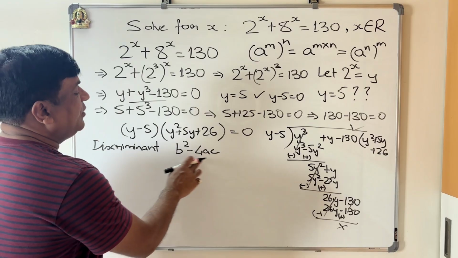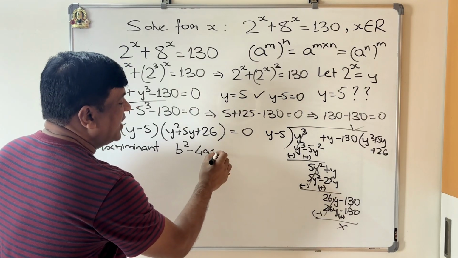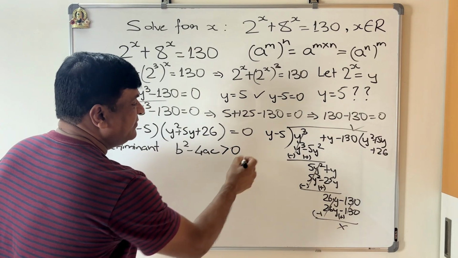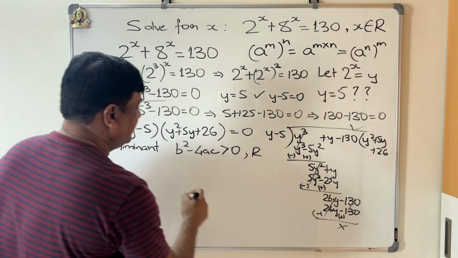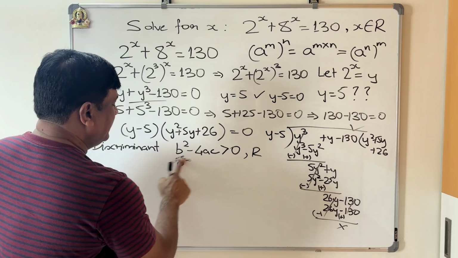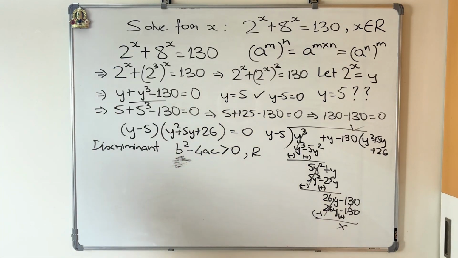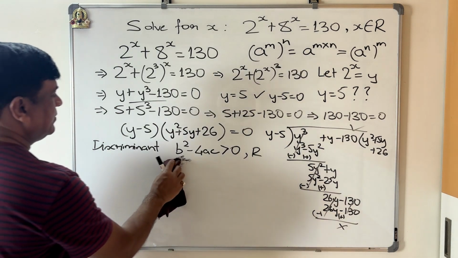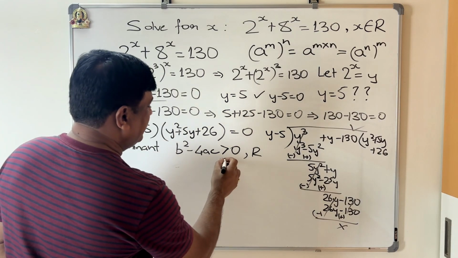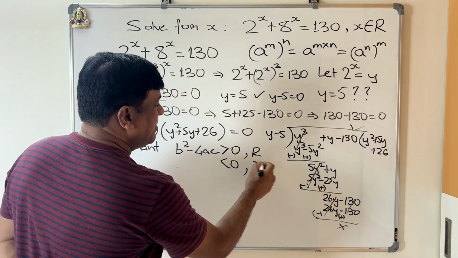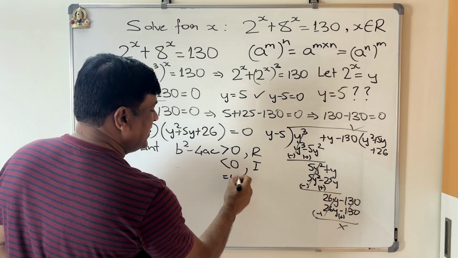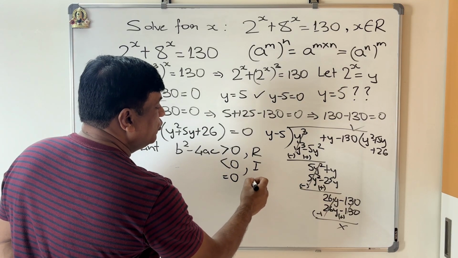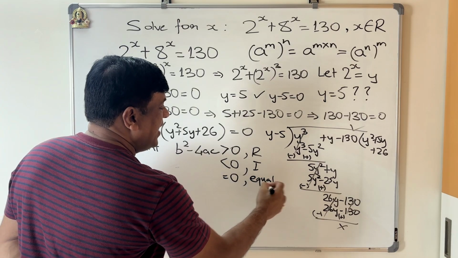If this is greater than 0, then your roots will be real. If this value is less than 0, then they will be imaginary. If it is equal to 0, what do you get? Roots are equal. They are real and equal.